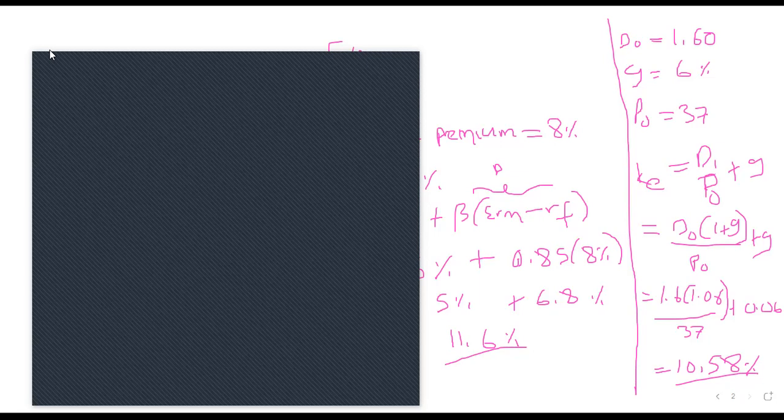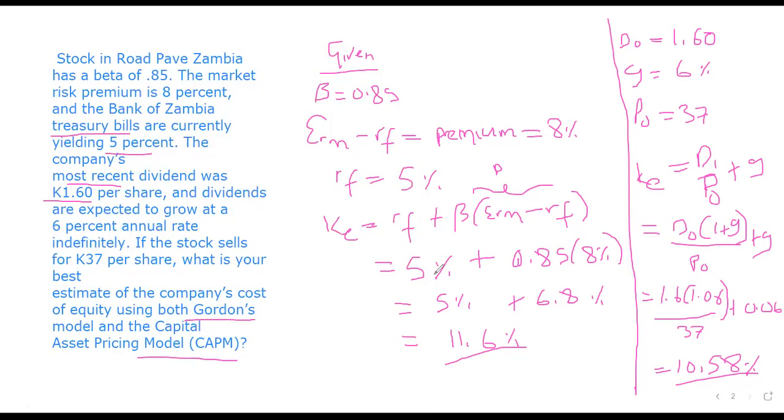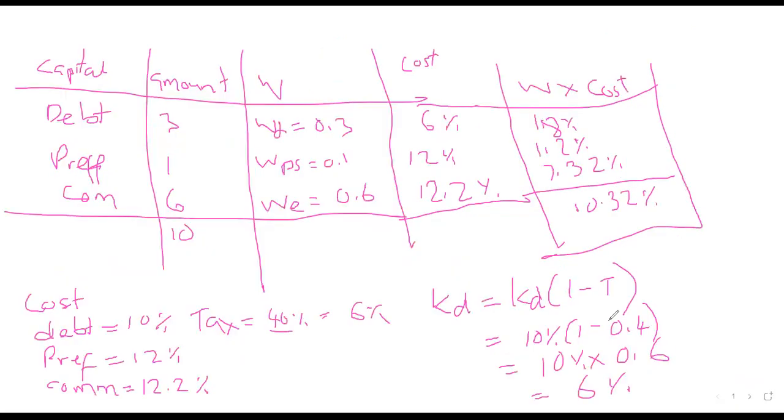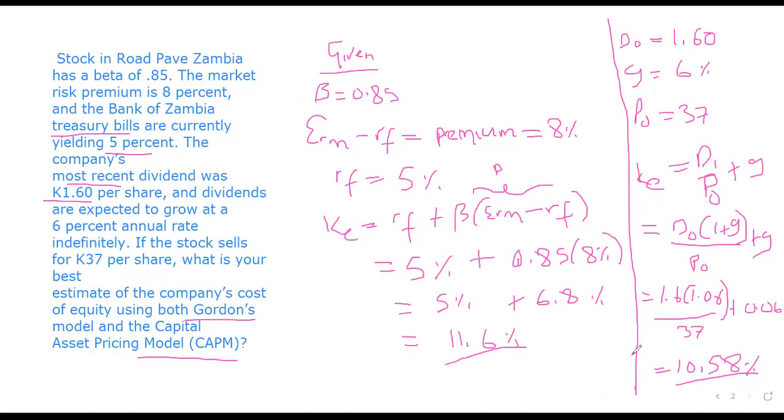For me, they're not adding up. 5% plus 6.8. When I use the calculator, it's giving me 1.18. 5% plus 0.85 times 8%.